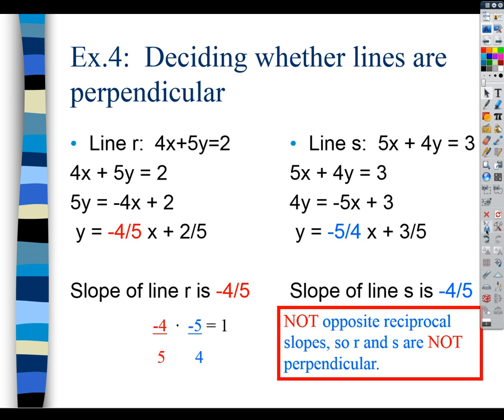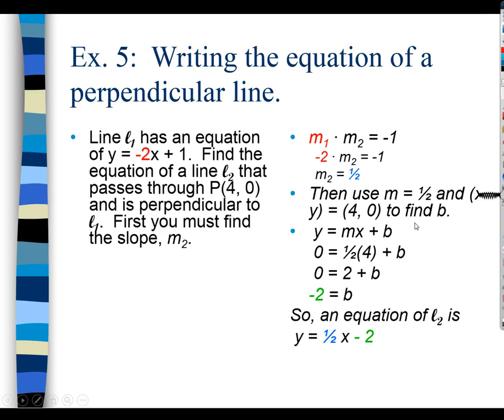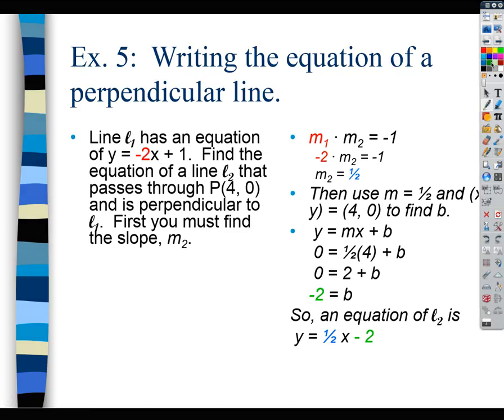Okay, last example, and then we'll let you work. What about one like this? Okay, so this is similar to the one that we did earlier for the parallel lines. What if we know that one line has the equation y equals negative 2x plus 1, and we want to come up with the equation of a different line that is perpendicular to the first line and passes through the point (4, 0)?